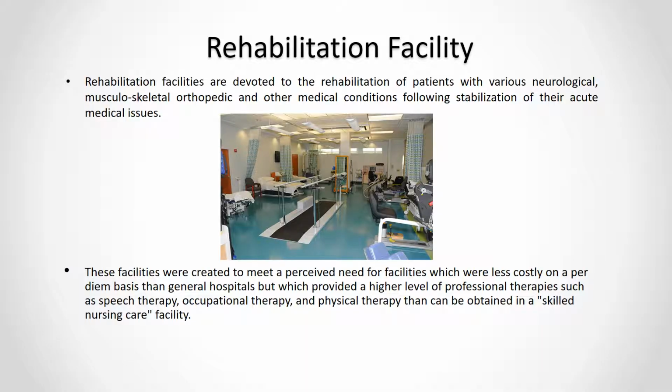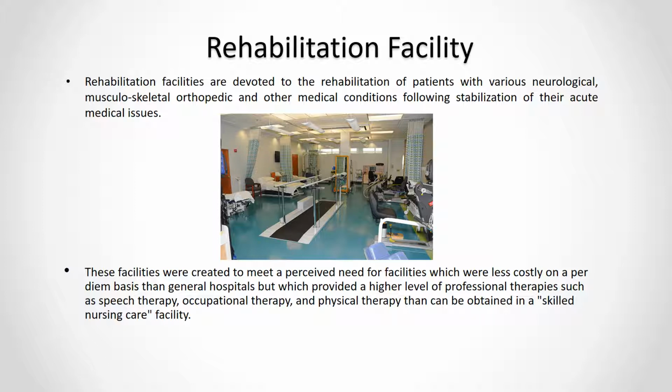Let us start first by explaining the definition of a rehabilitation facility. Rehabilitation facilities are devoted to the rehabilitation of patients with various neurological, muscular, skeletal, orthopedic, and other medical conditions following stabilization of their acute medical issues.